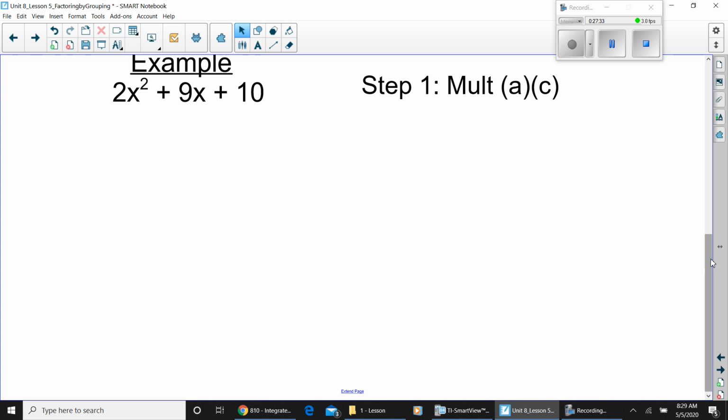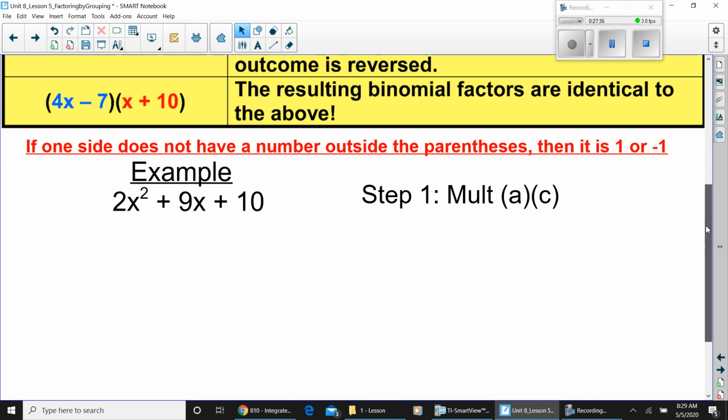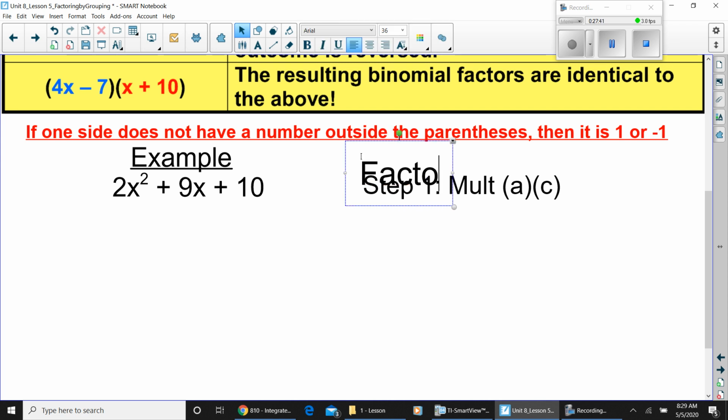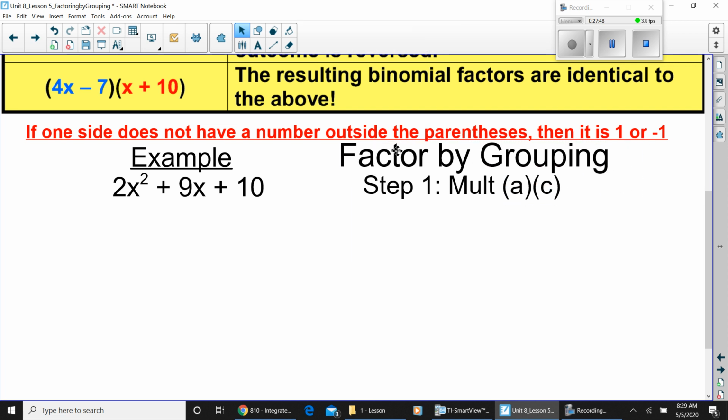You do not have a greatest common factor here, so that means that you have to factor by grouping. Or you should. Much easier to factor by grouping.